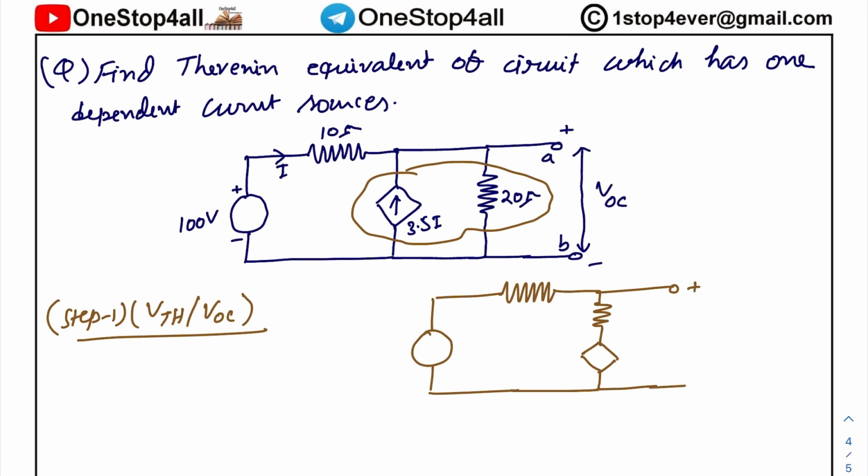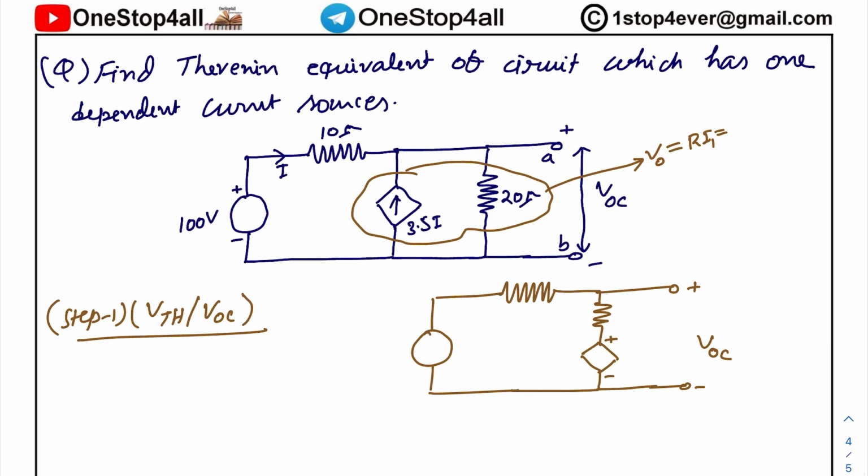This is your plus minus, this is your VOC, and this is your plus minus. How much will this voltage source be? When converted, the voltage source is current into R, R into I.